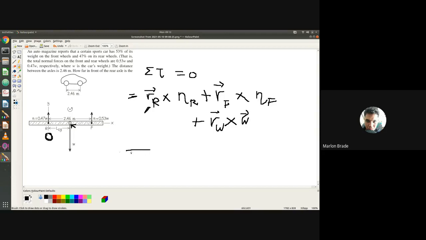Question: what is the value of the first term? This is the first term, the second term, they are vectors actually, and this is the third term. What is the value of the first term?